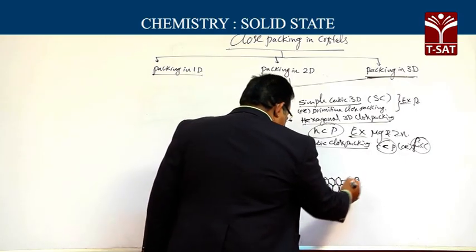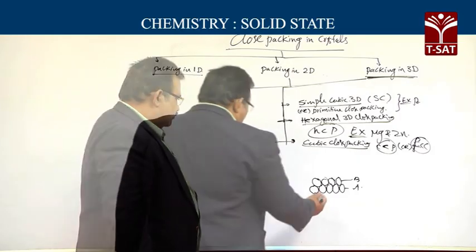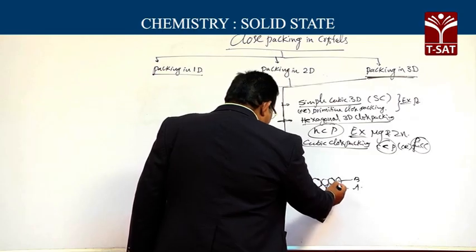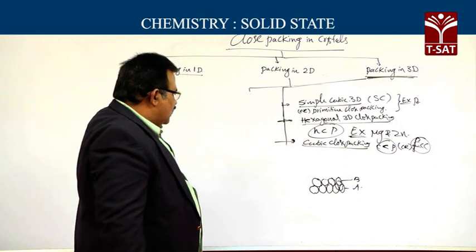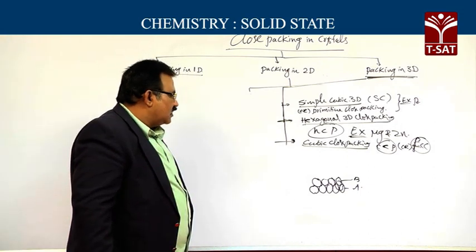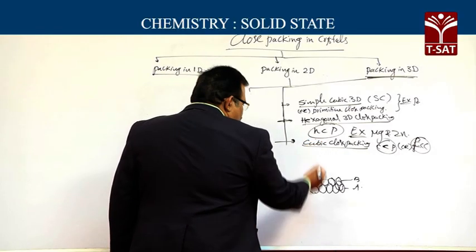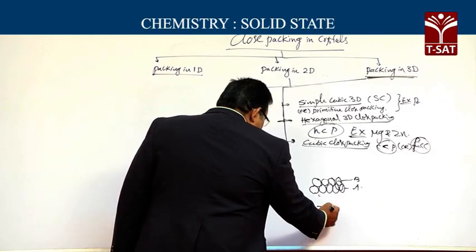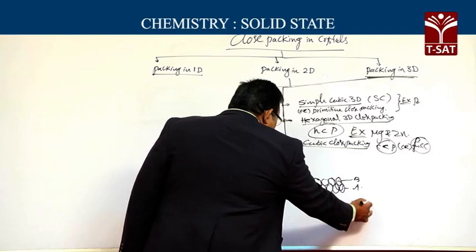This is second layer. Second layer is filling the depressions of first layer, and third layer is filling the octahedral void. Here in hexagonal packing the third layer is filling the tetrahedral void, whereas in cubic close packing third layer fills octahedral void.